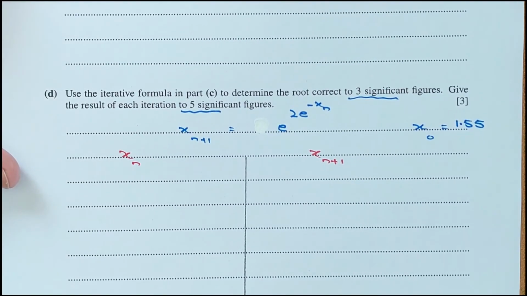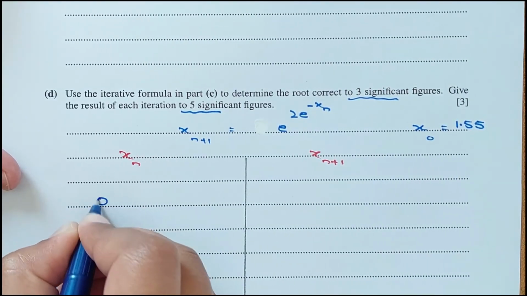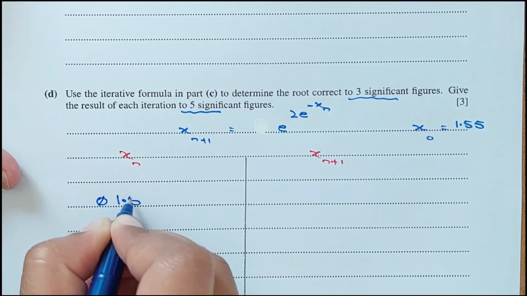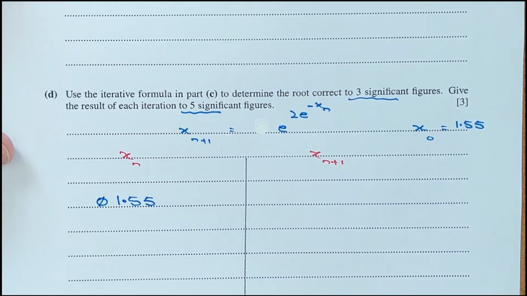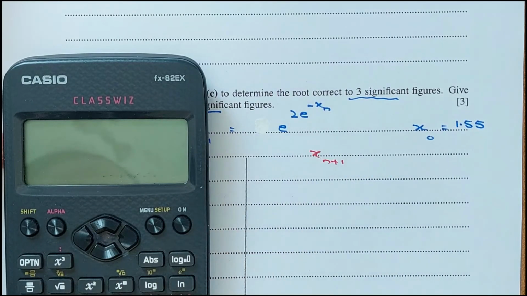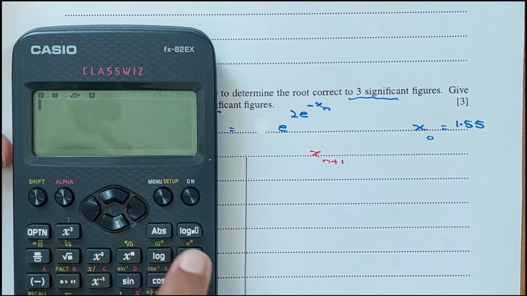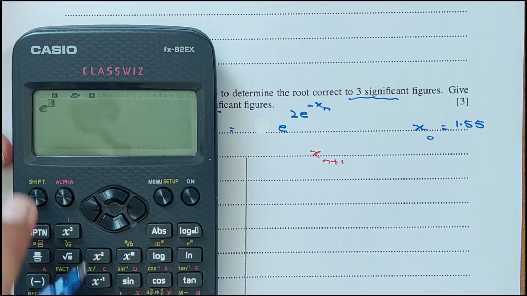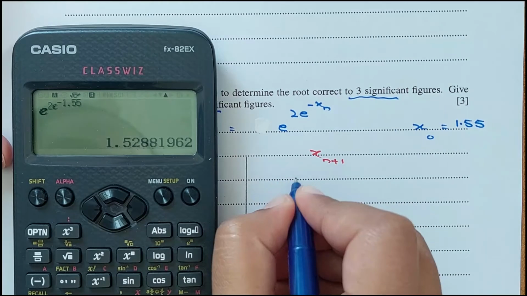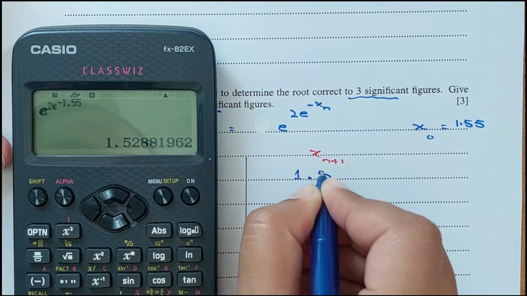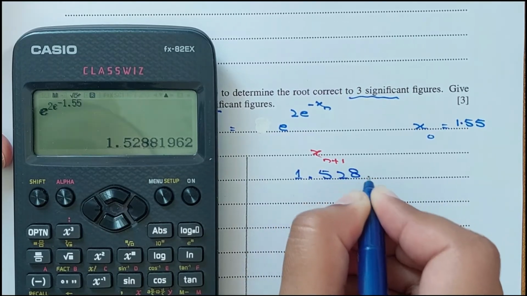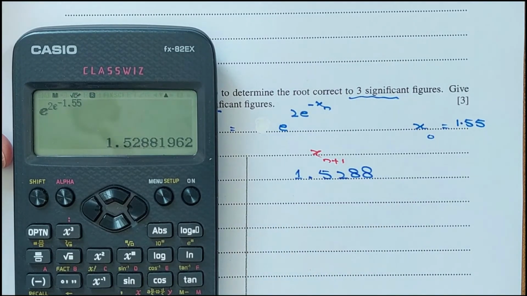Now the first iteration is 1.55. When x_n is 1.55, e to the power 2 e to the power minus 1.55 is 1.5288 up to 5 significant figures.